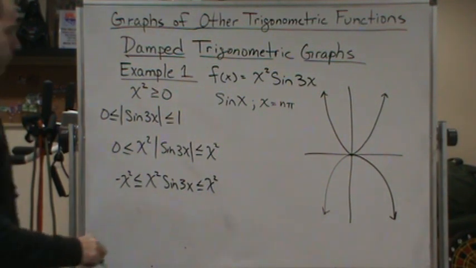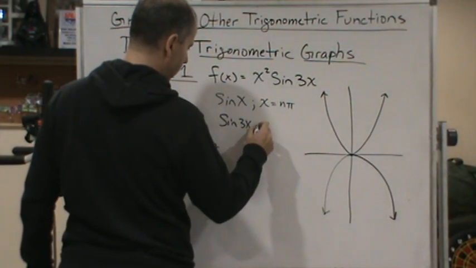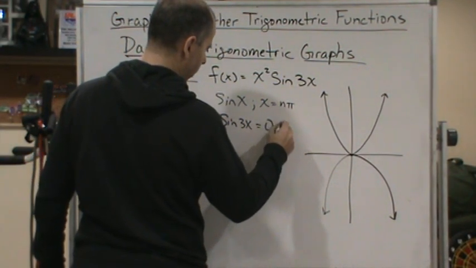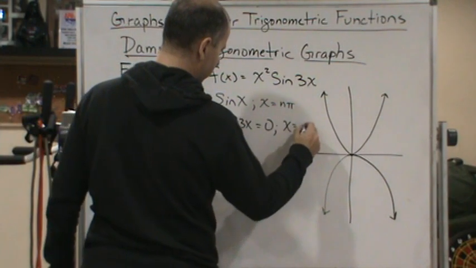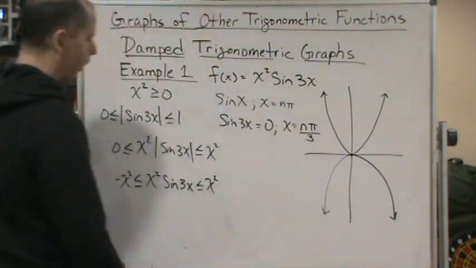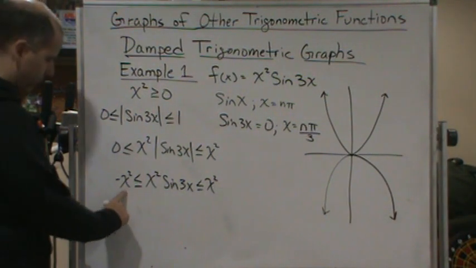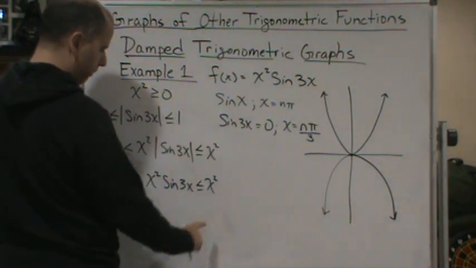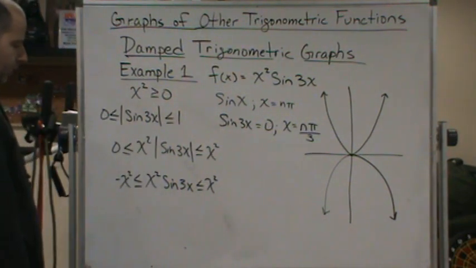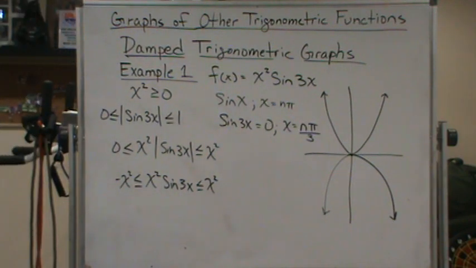So sine of 3x will equal 0 when x equals some multiple of pi over 3. Now when is it going to equal either negative x squared or positive x squared? Well, when sine of 3x is equal to 1 or negative 1.